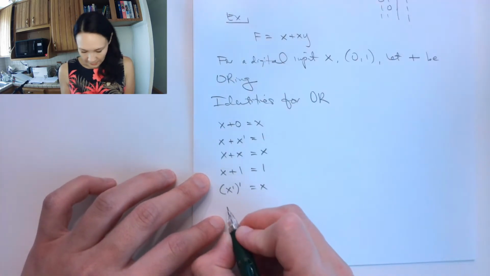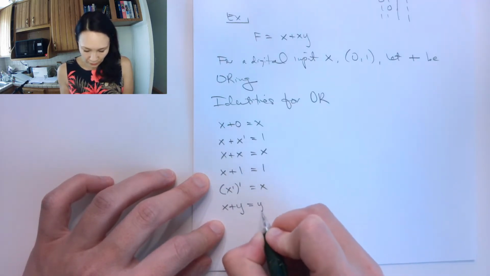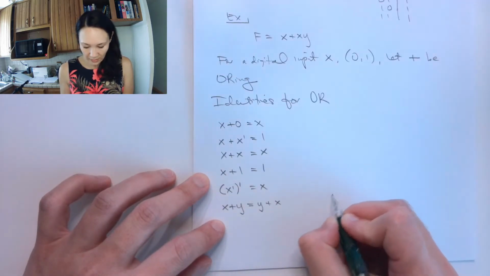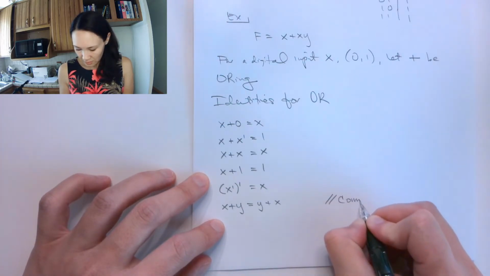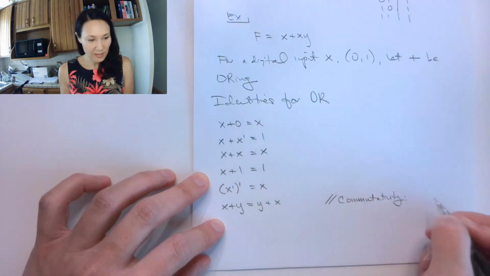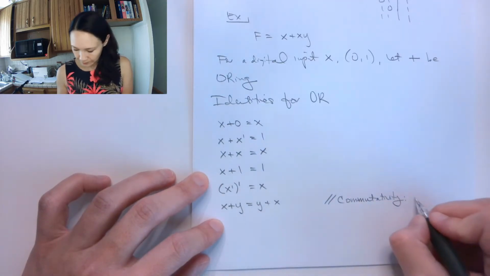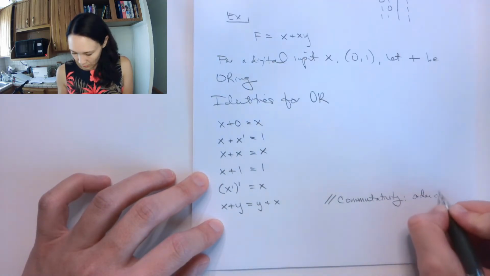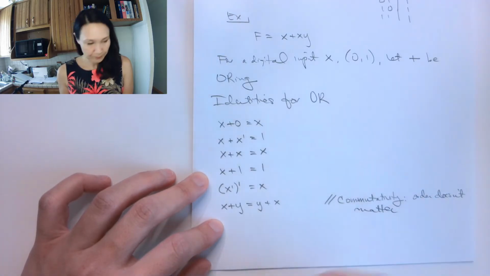The next one is that if we have x OR y, that's equivalent to y OR x. And you may recognize this from algebra as commutativity. And it basically means that the order of ORing doesn't matter.